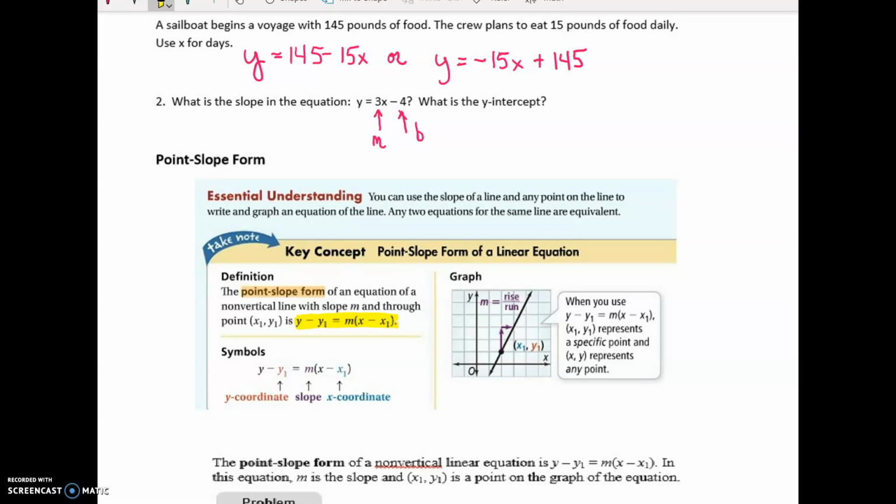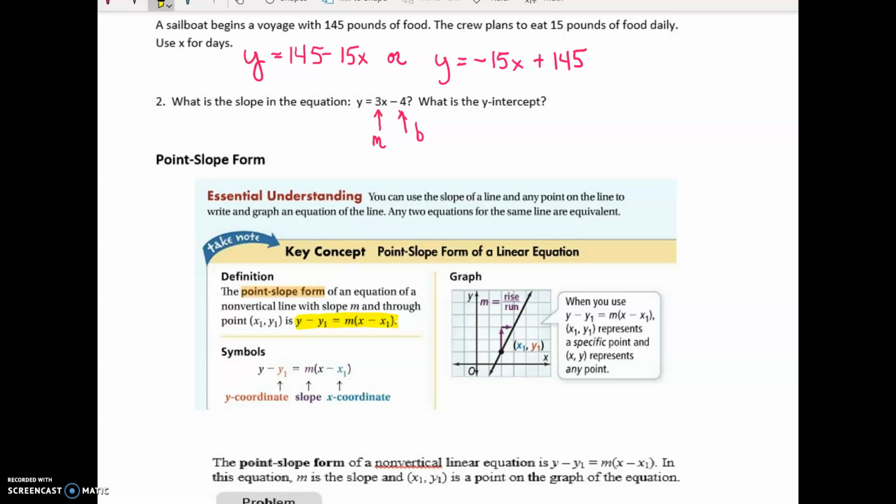So y represents the variable y, whereas x1 and y1 represent the point that is on the line. M is, of course, your slope, and x represents the variable x. So the first y and the x, those stay variables. The x1 and the y1, you're going to plug in the point.